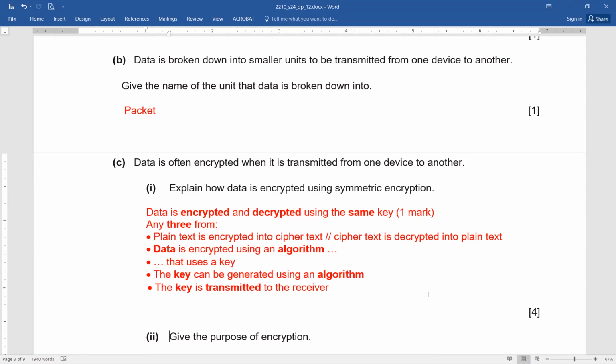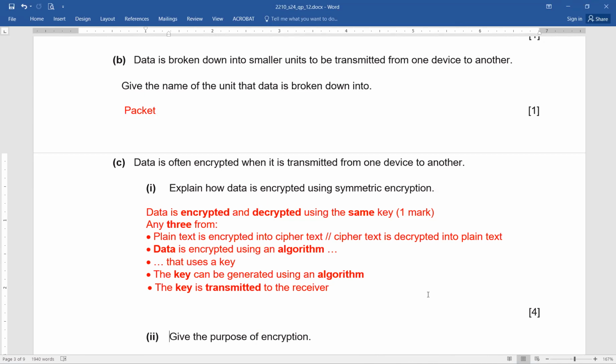That is the most important line that you all need to write. And then after that, you can talk about the explanation, how it is happening in this context. You'll talk about the plain text, the ciphertext, how it is being encrypted using an algorithm, how the key is generated and the key is transmitted to the receiver. So in this manner, you will be able to score 4 out of 4.